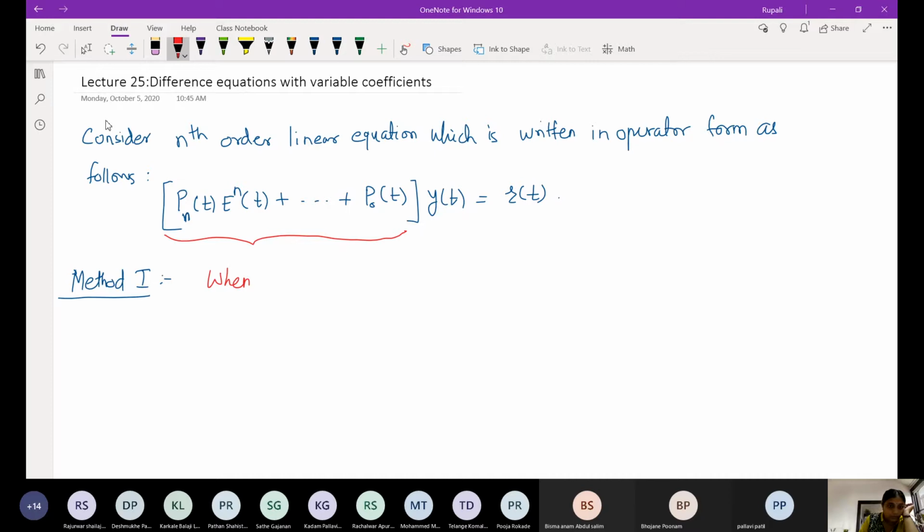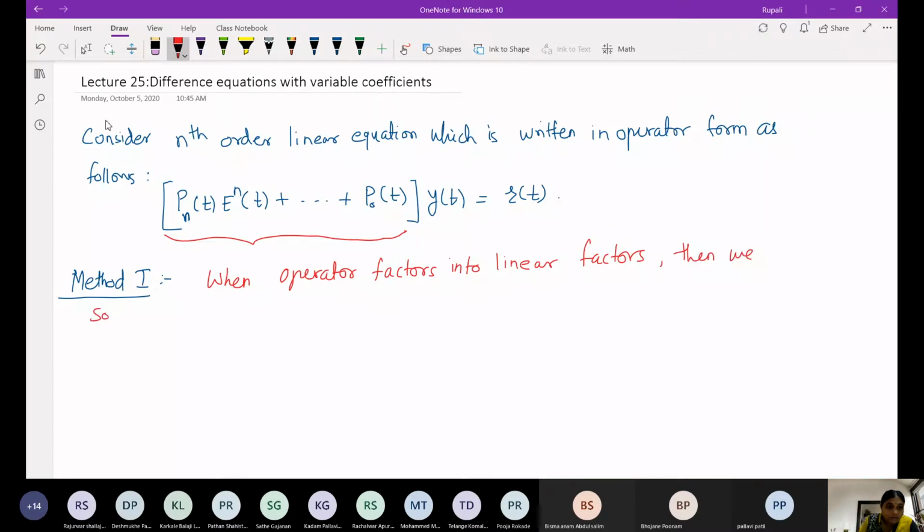When the operator factors into linear factors, how to solve it?